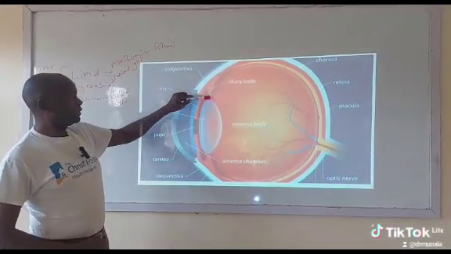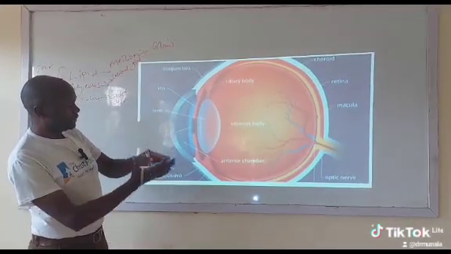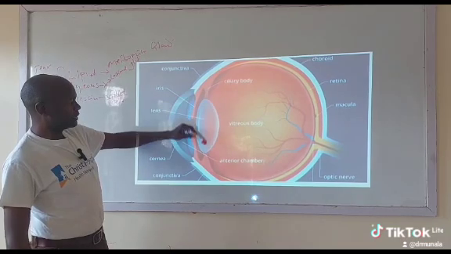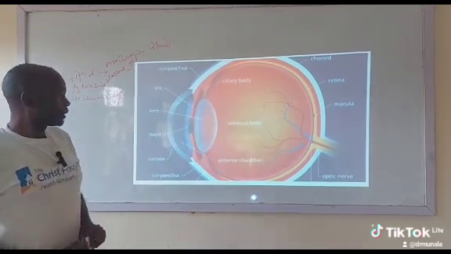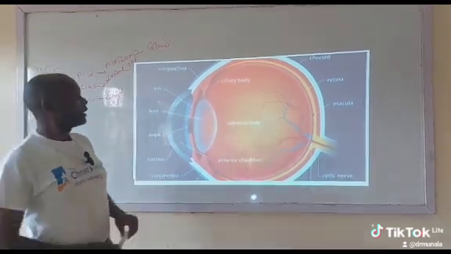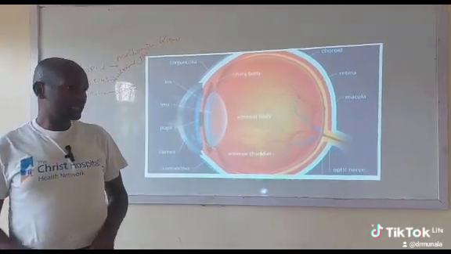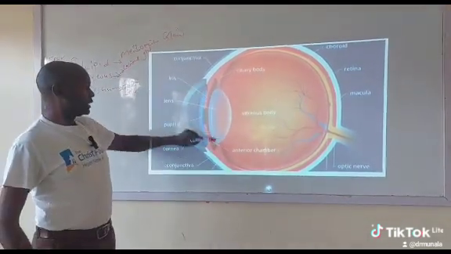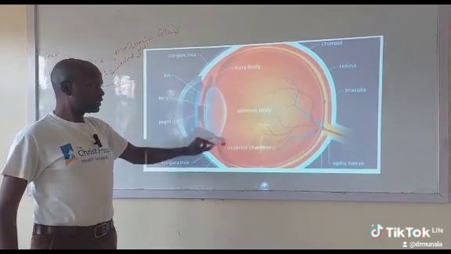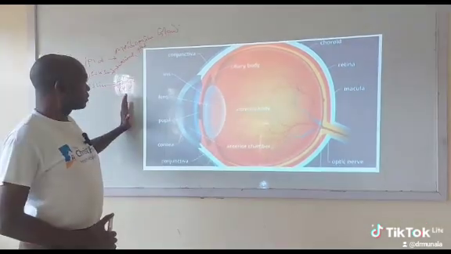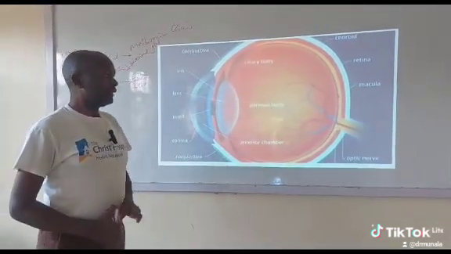Their function is to adjust the lens in the process we call accommodation to focus light to the macula for visualization. So what you need to remember is that this structure here, the lens, changes depending on the distance between the object and the eye.